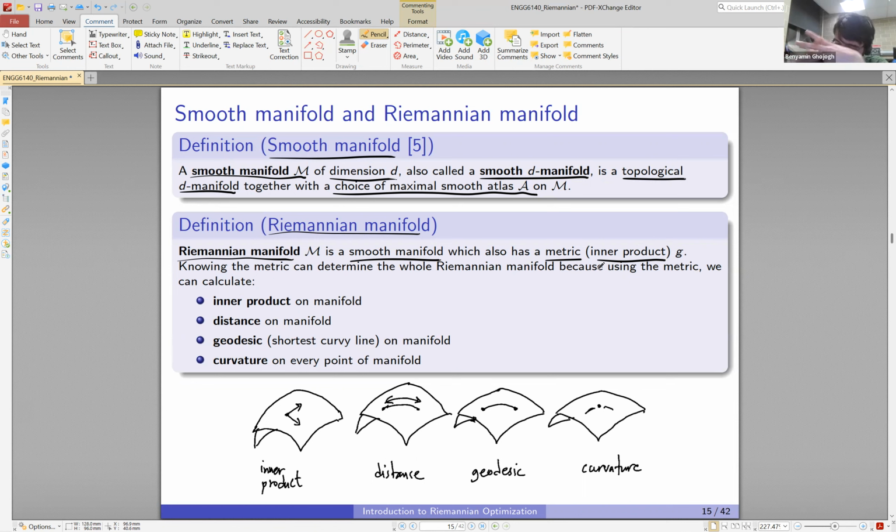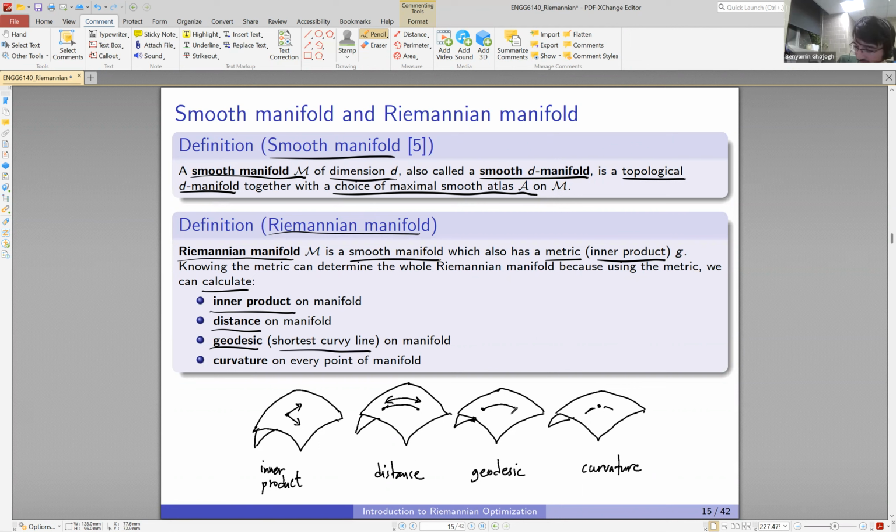And interestingly, when you have the metric, you can calculate almost everything on the manifold. Inner product on the manifold. You can calculate the distance on the manifold. Note that the distance is not Euclidean distance anymore. It's Riemannian distance. So it's the length of the curvy line connecting the 2 points on the manifold. You can calculate the geodesic, which is the shortest curved line on the manifold.